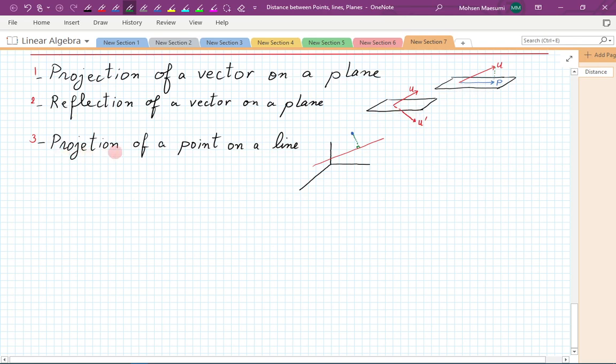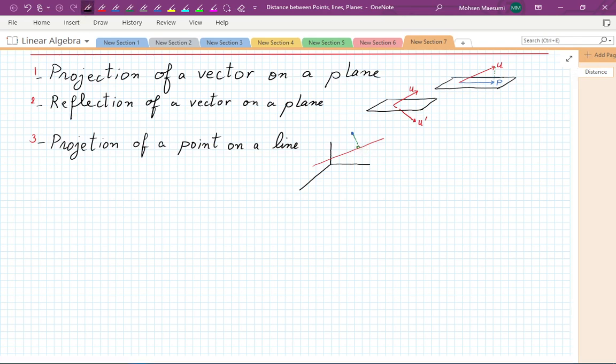Third problem we are going to look at is projection of a point on a line. This is particularly for a line whose parametric equation is given. So we have a line, we have a point, and we want to drop a perpendicular directly from the point to the line. We perhaps look for two things. One is the location of this point.